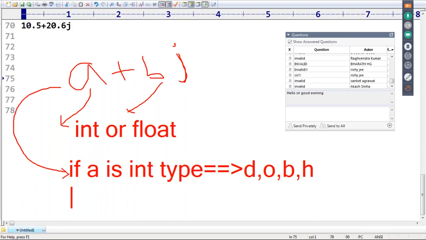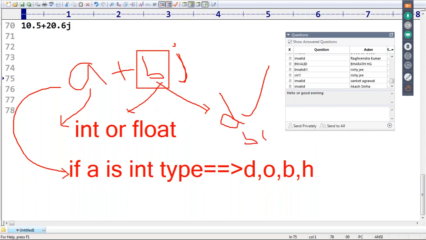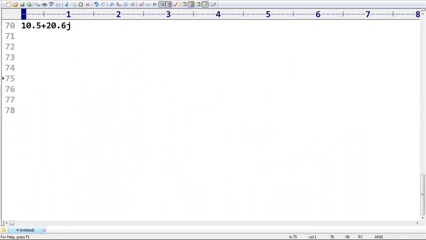If B, whether it is int type or float type, the only allowed style is always decimal. If you try to use binary, octal, hexadecimal, you will get a syntax error by default. That's all. These are the rules you should be aware of for complex numbers. Clear? So the real part can be either an int value or a float value.